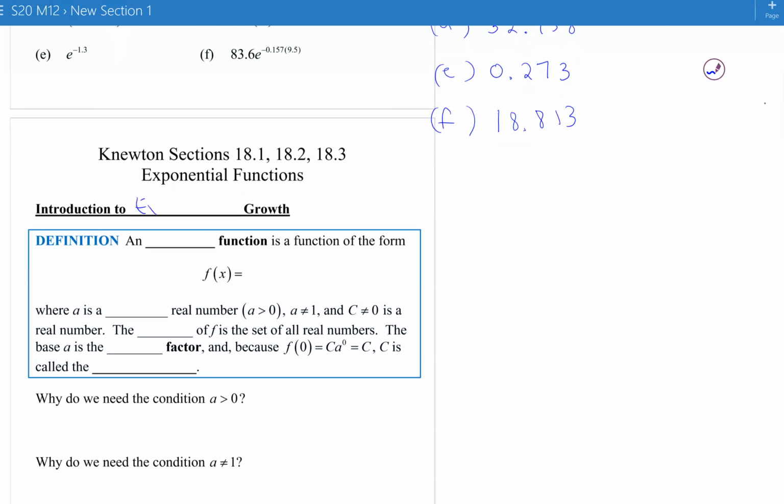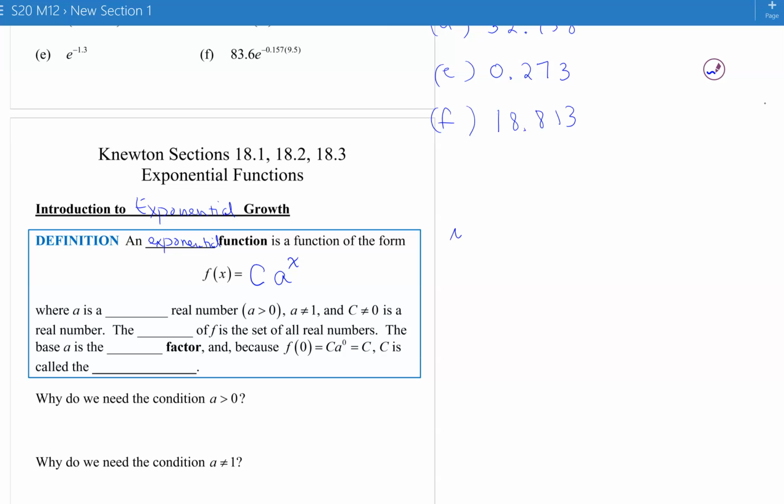Okay, so let's talk about exponential growth. And this has been all over the news lately because this does describe the way a virus spreads. So an exponential function looks like some constant times a base to a power, where the power is the variable.